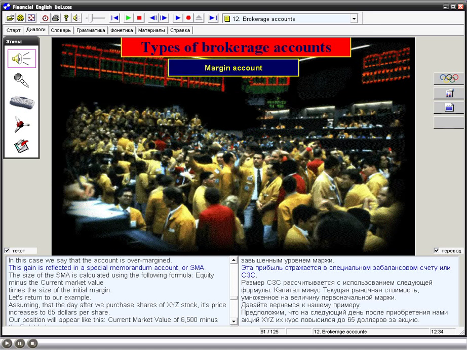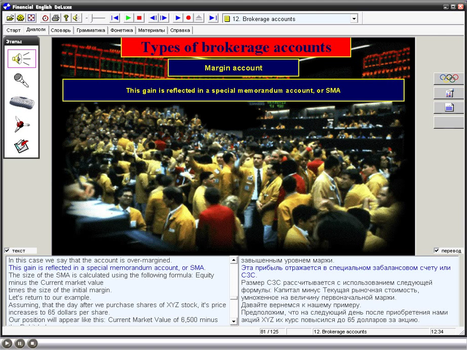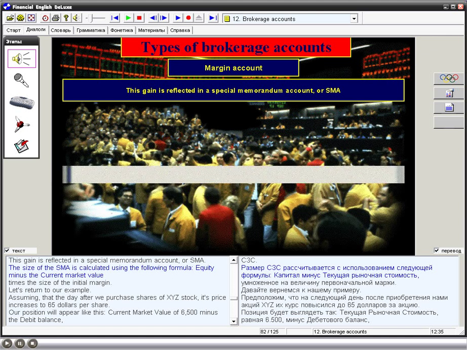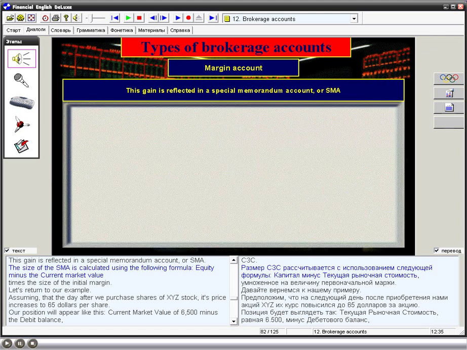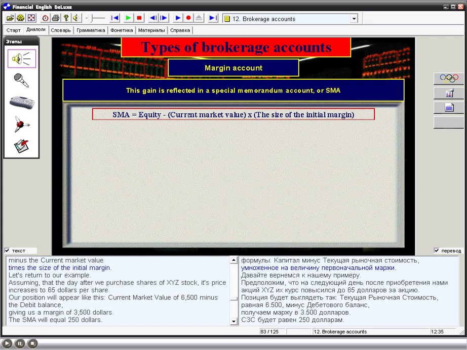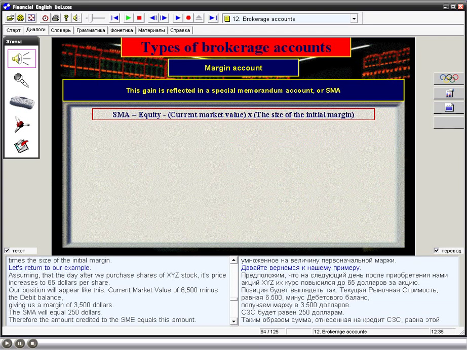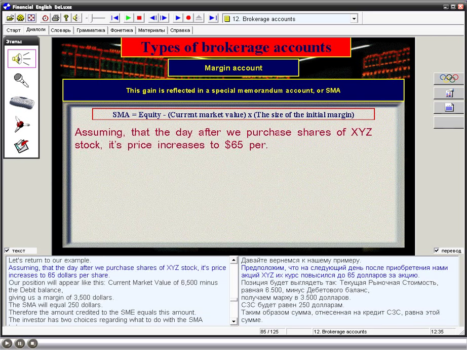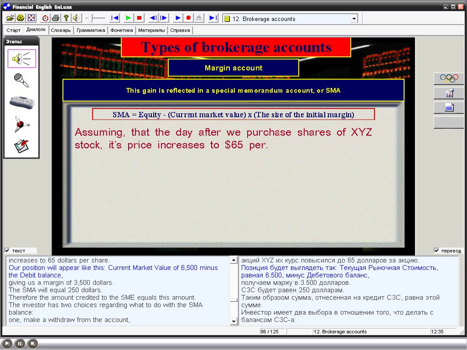Let's return to our example. Assuming that the day after we purchase shares of XYZ stock, its price increases to $65 per share. Our position will appear like this: current market value of $6,500 minus the debit balance, giving us a margin of $3,500. The SMA will equal $250.